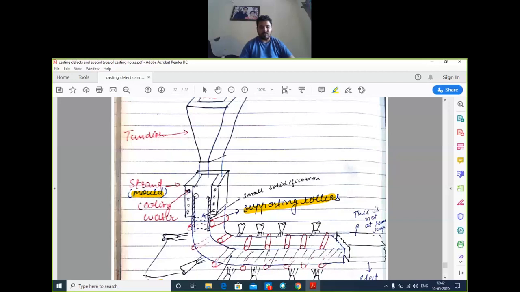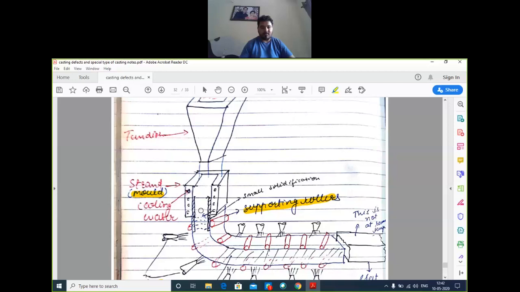The molten metal starts to solidify here in the mold also. For getting the shape, we use the supporting rollers for forming the products.